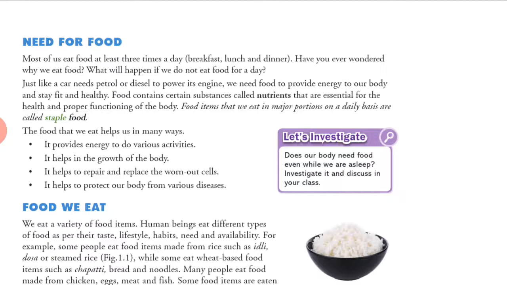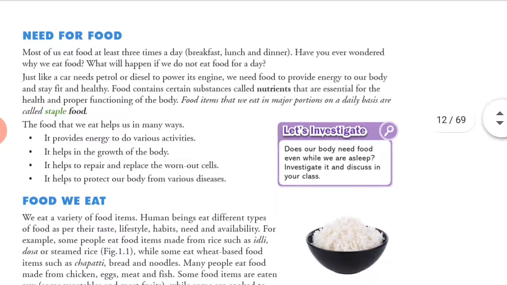Food that we eat helps us in many ways. For example, it provides us energy to do various activities. It helps our body growth. It helps in the replacement and repair of worn out tissues. It helps to protect our body from various diseases.